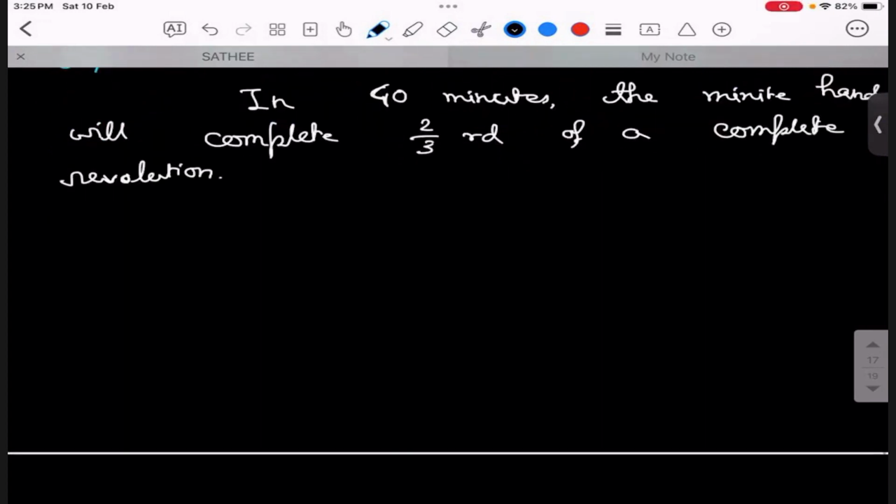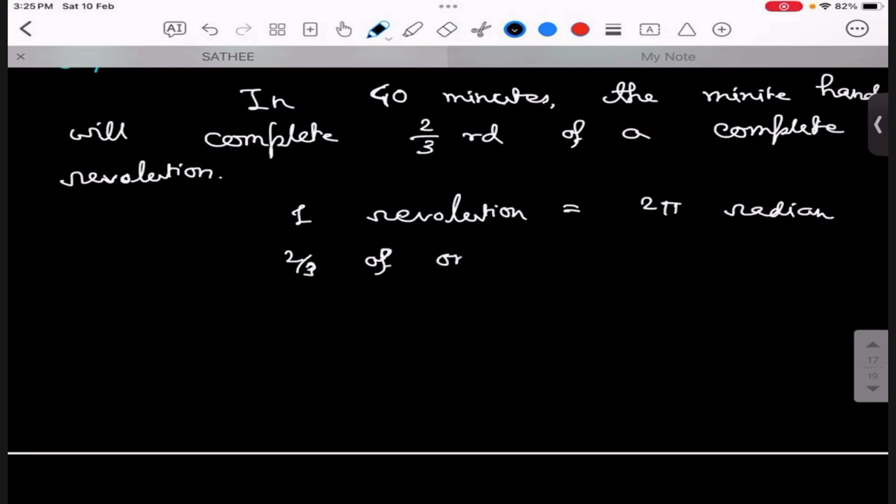Okay. Now one revolution equals 2 pi radian. Then what about 2/3 of one revolution? That is nothing but 4 pi by 3 radian.